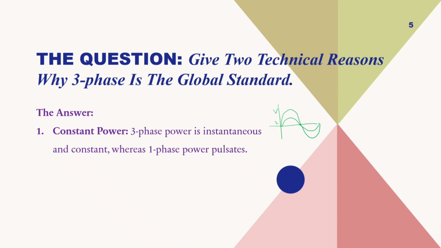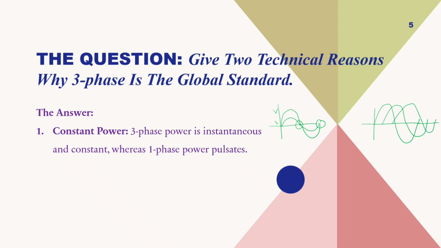So power would also obviously drop to zero at these points. If you're driving large industrial motors using a single phase supply, the motors would suffer from a lot of jerks, vibrations and instability, just because single phase power fluctuates. But if you're using a three phase power supply, we have three voltages across the phases, offset by 120 degrees.